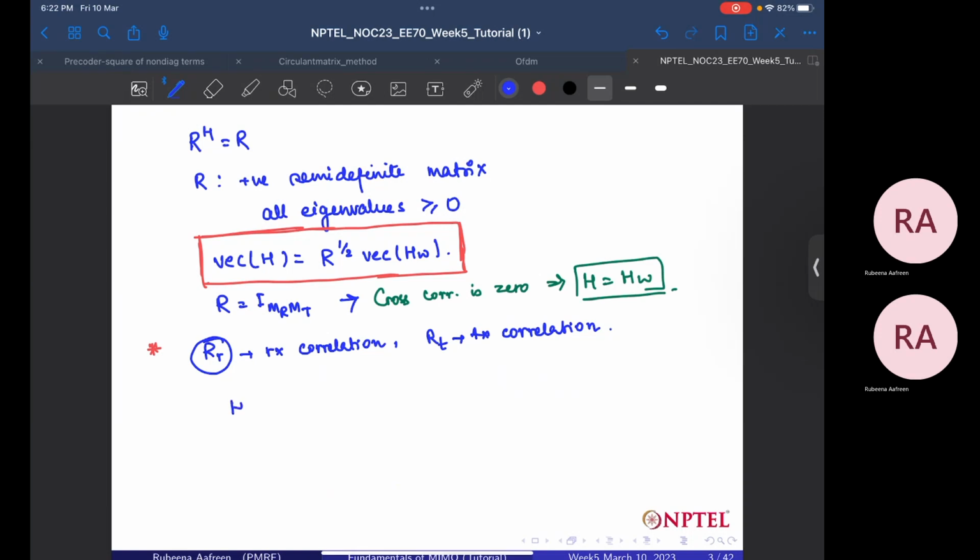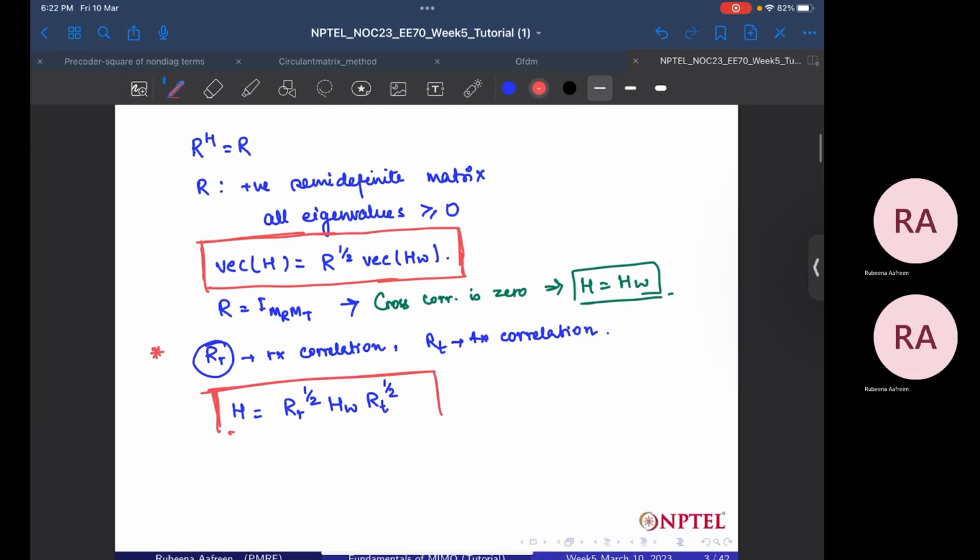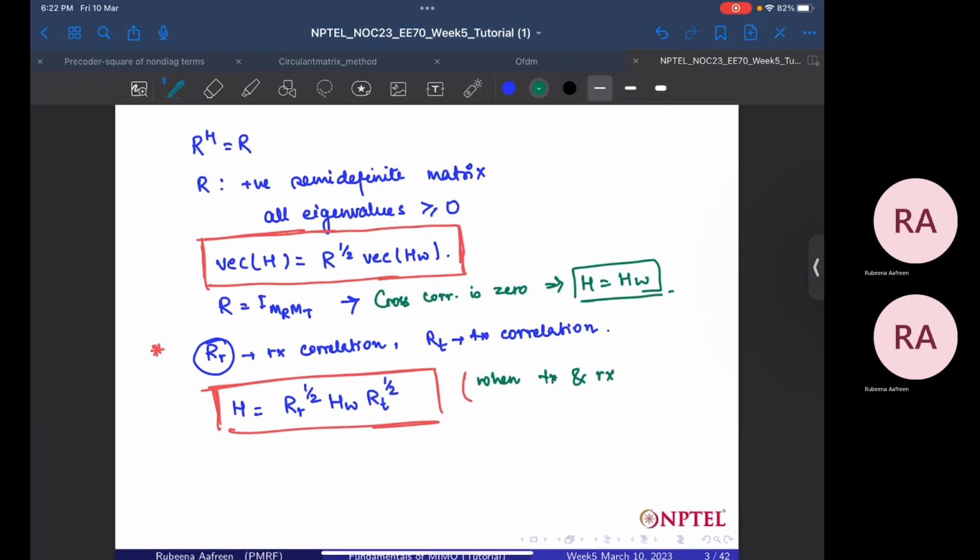So now the correlated channel can be written as RR to the power of half, then HW into RT to the power of half. You will use this when the transmitter and receiver covariance matrices are given.